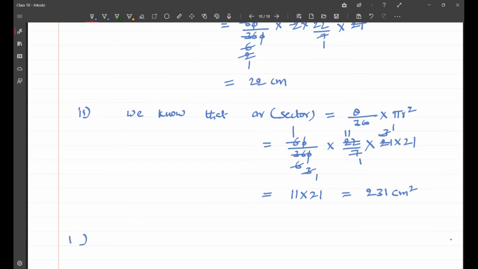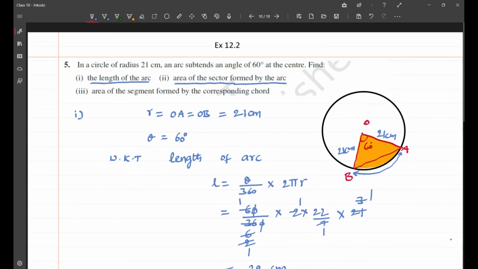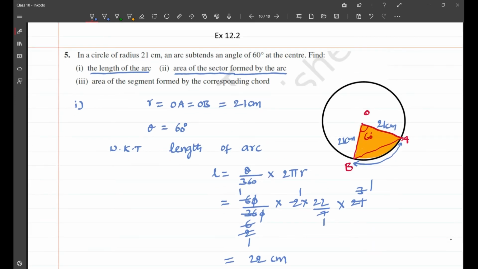Now let's see the third part. In third part, they're asking you to find out the area of segment formed by the corresponding chord. What is the corresponding chord here? AB is the corresponding chord. Okay, already you know what is minor segment and what is major segment, that we already discussed before starting exercise number 12.2.